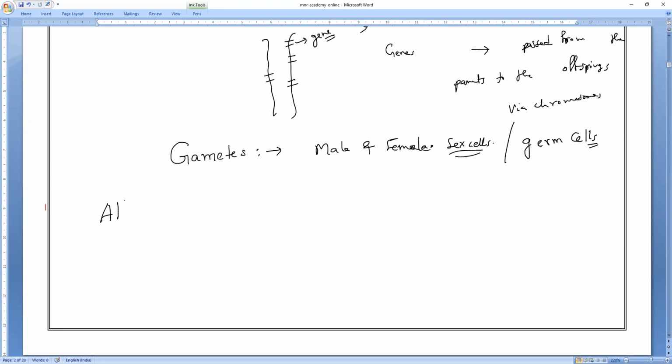Next one is the most important one, the alleles. Now, all of you go to the mirror immediately. Just take 10 seconds, observe your earlobes and come and tell me whether you have free earlobes or attached earlobes. Make it fast, everyone. Free earlobe, sir.